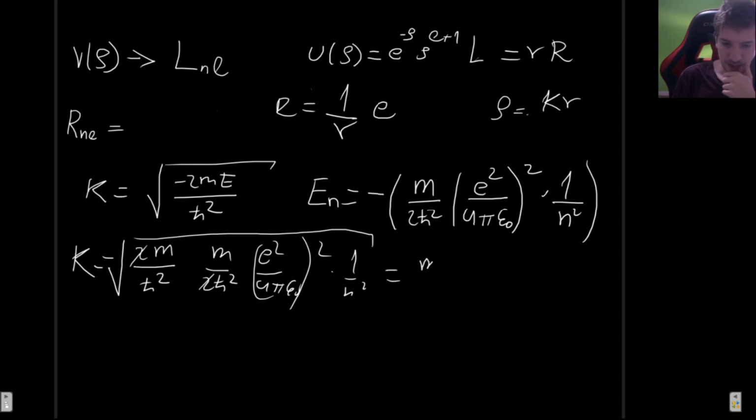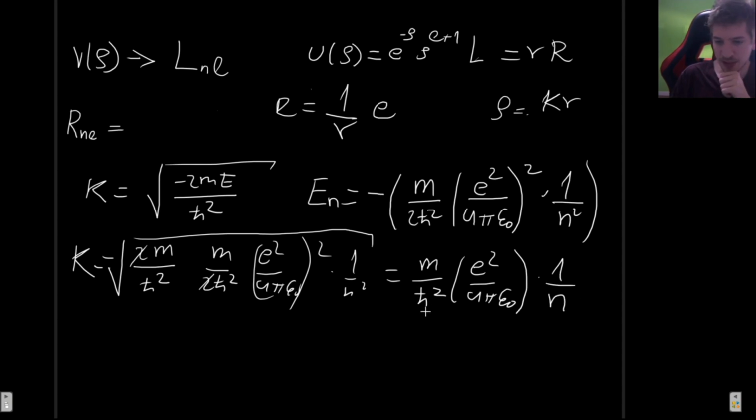So we're going to get m divided by h bar squared times e squared over 4 pi epsilon 0 times 1 over n. And here we can just go ahead and define this right here to be a, which is actually called the Bohr radius, m e squared divided by 4 pi epsilon 0 h bar squared.